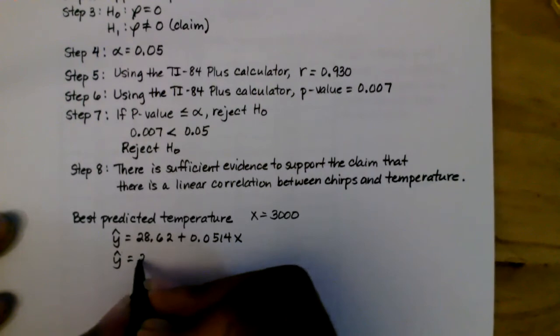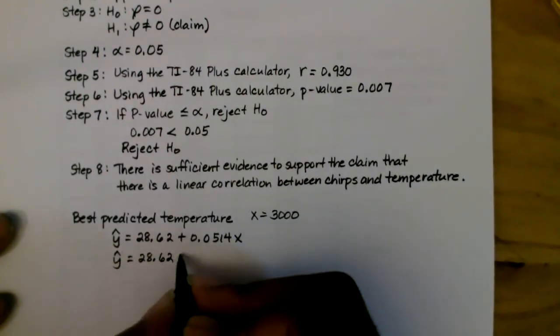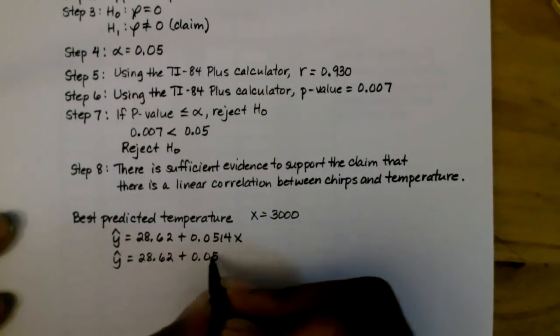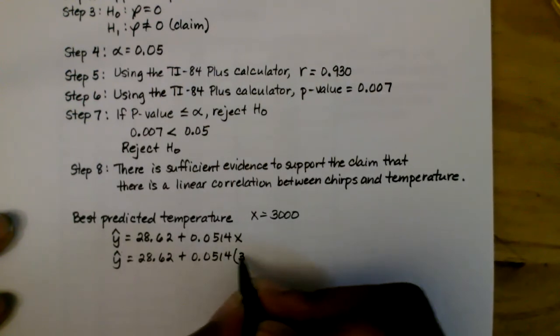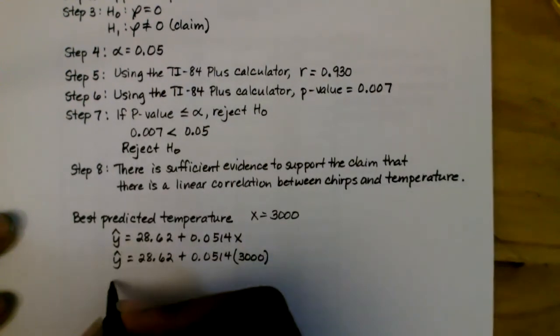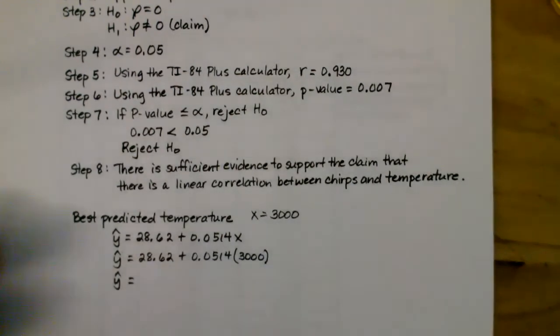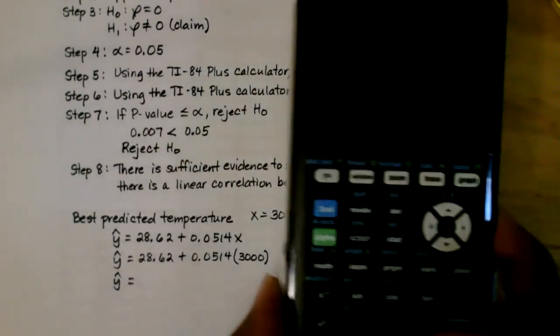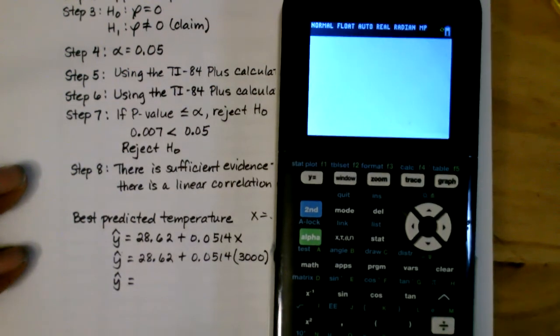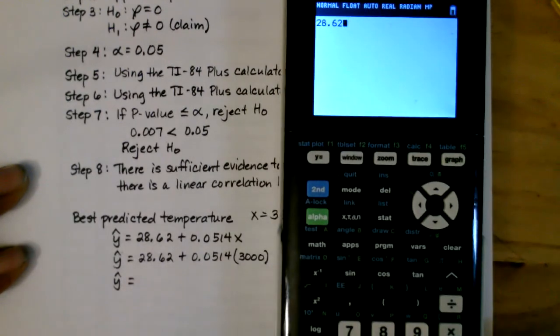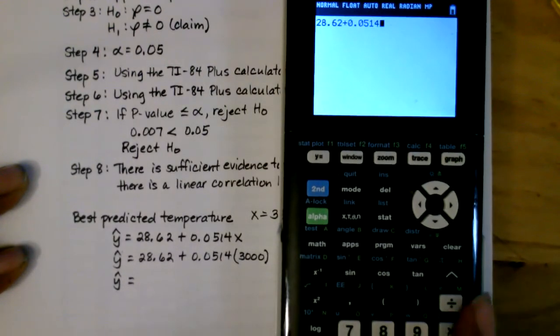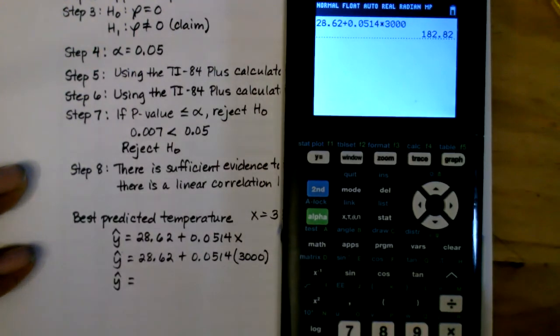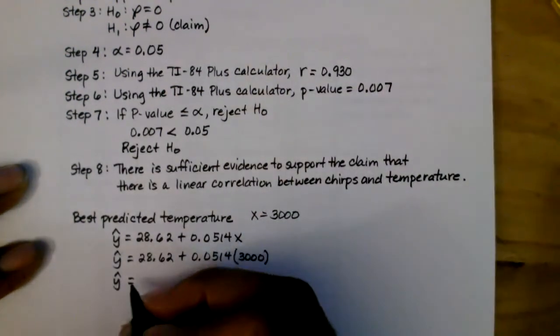So y hat is equal to 28.62 plus 0.0514 times 3,000. Punching this into the calculator, 28.62 plus 0.0514 times 3,000, and this will give you 182.8 if you round this off to one decimal place.